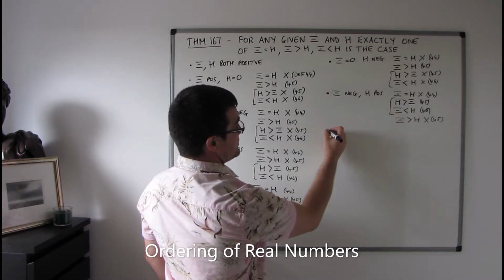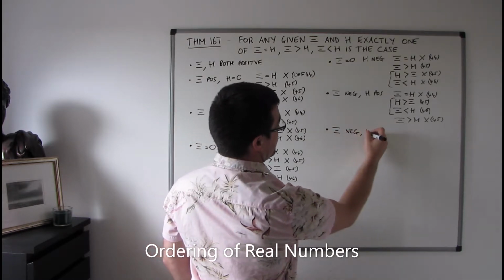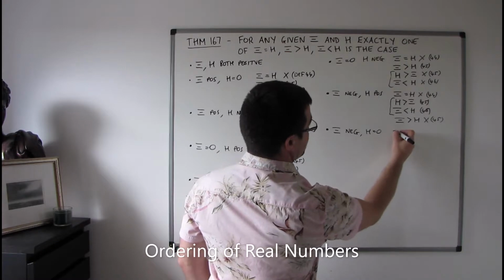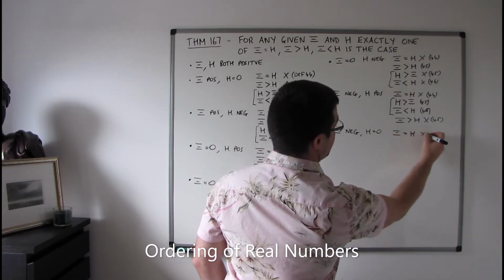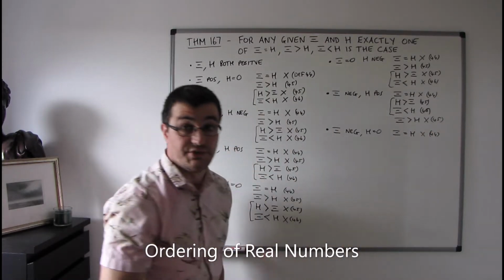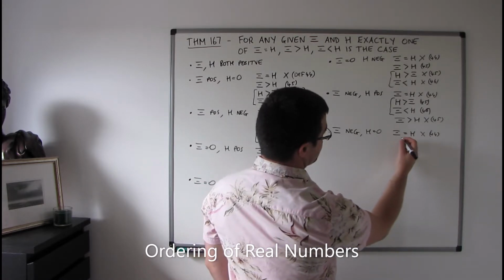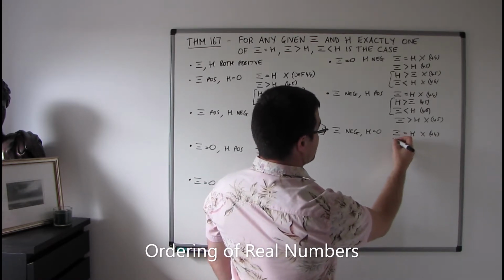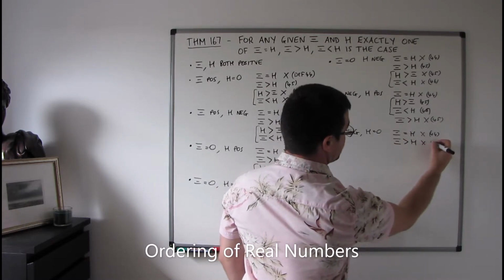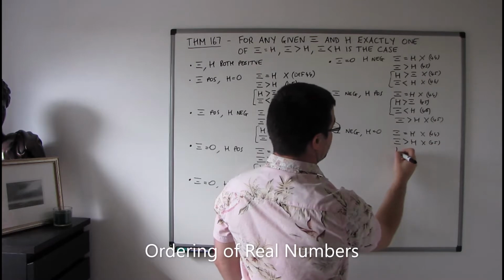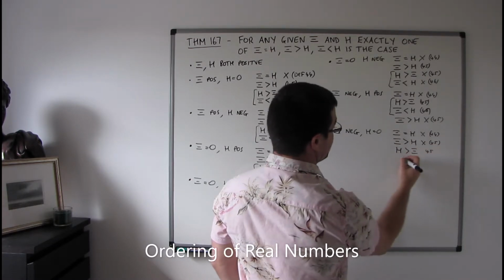Okay, two more to go. Psi negative, eta equal to 0. Definition 44 says that equality does not hold. Psi greater than eta does not hold by definition 45, but eta greater than psi does hold by definition 45.